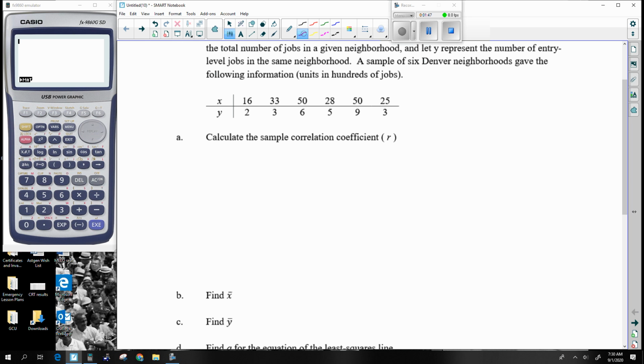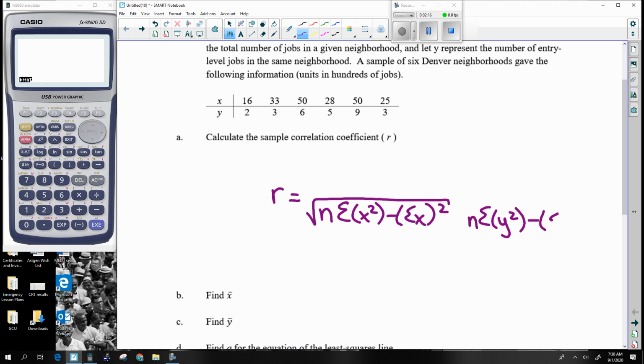Ultimately, the formula that we're going to be using for this correlation coefficient r, okay, and so here's your formula, and this needs to get on your formula sheet. r is going to be equal to, I'll start with the denominator, the square root of n sum x squared minus sum x, squared, times the square root of n sum y squared minus sum y, squared.